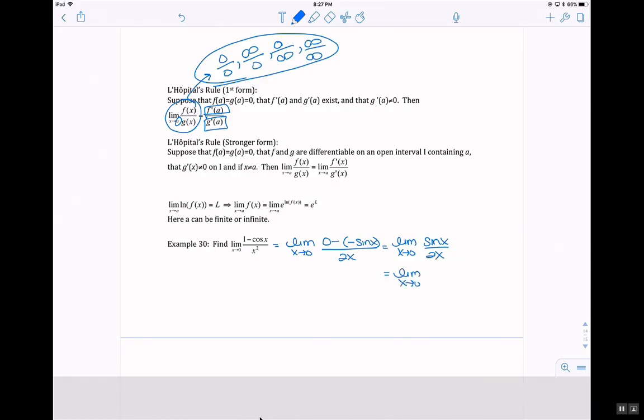So limit as x approaches 0, derivative of sine is cosine, and derivative of 2x is just 2. Now that I don't have 0 in the denominator, I can go ahead and plug in my 0 for my x. So cosine of 0 divided by 2, and the cosine of 0 is 1. So this limit originally here is equal to 1/2. And that is it for this lesson.